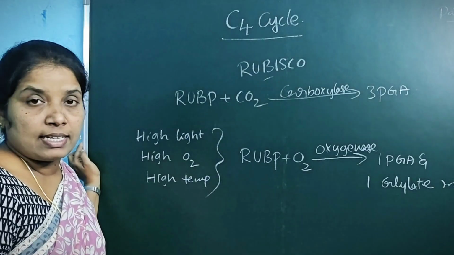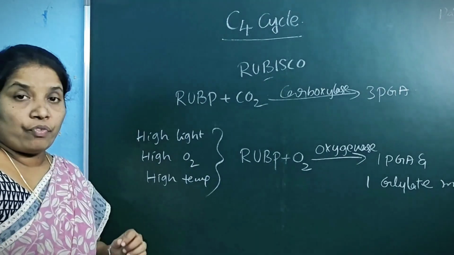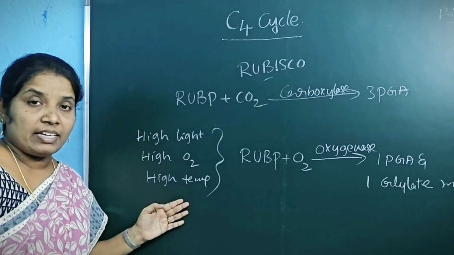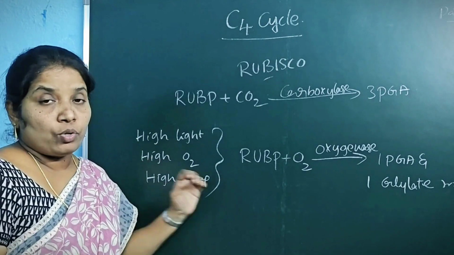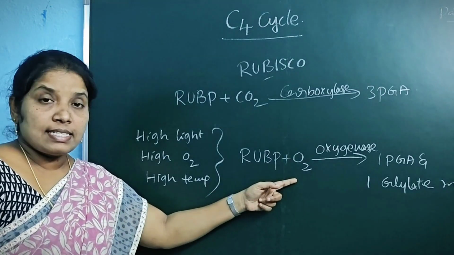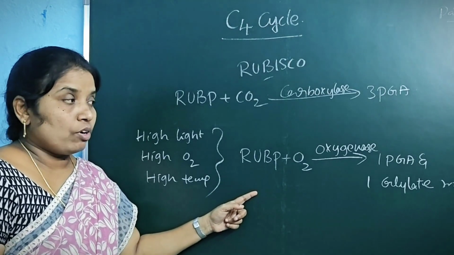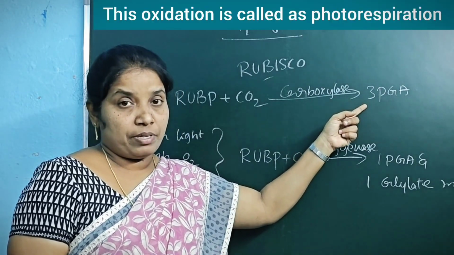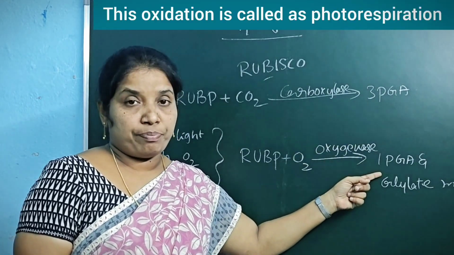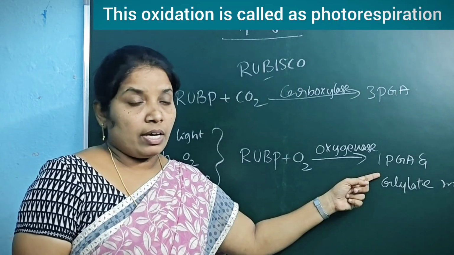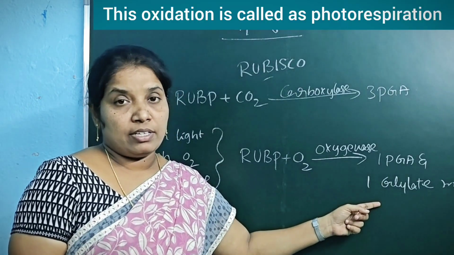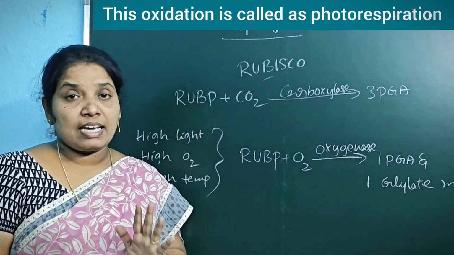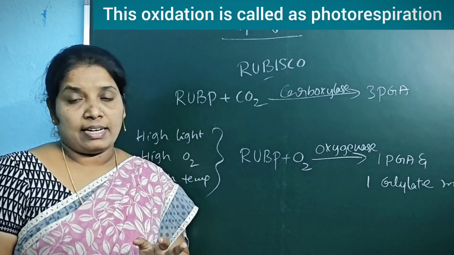So glycolic acid, or glycolate, is formed. When the conditions are like this, instead of adding carbon dioxide, Rubisco adds oxygen to the RuBP. Instead of two molecules of 3-PGA, one molecule of PGA is formed, and one molecule of glycolate is formed. Actually, it is a wasteful process. Instead of fixing energy, it consumes energy.